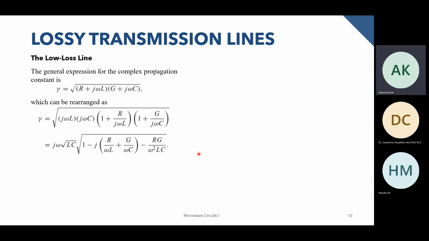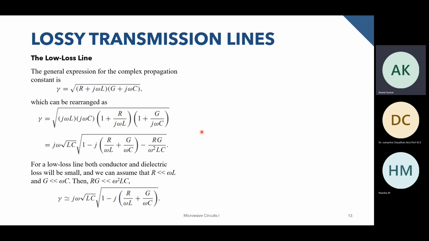Now, considering a low loss line, we mean that R and G have small values, so we can use that to do some approximations. For a low loss line, R can be assumed to be much smaller than omega L, and similarly G can be assumed to be much smaller than omega C. This again implies that the product RG will be much smaller than omega square LC.